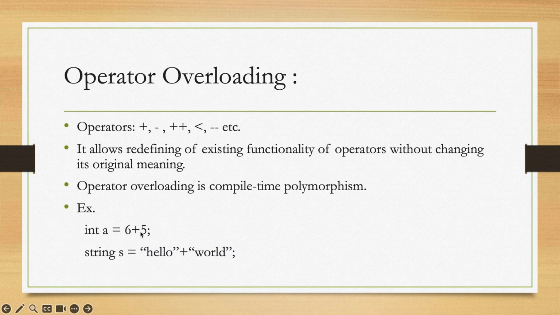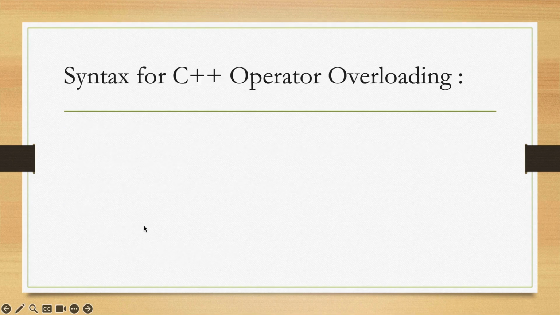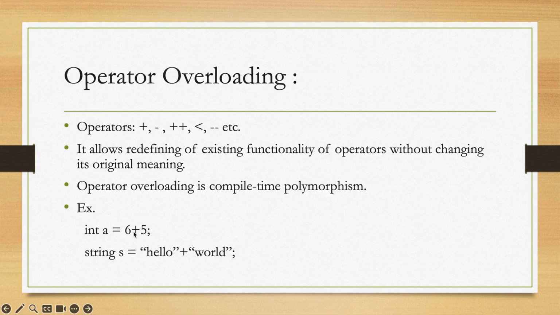Here we have an integer a with addition of 6 plus 5, and a string s with addition of hello plus world strings. Here we see that the same plus operator is used for the addition of two integer data types, and the same plus operator is used for the concatenation of these two strings, right?